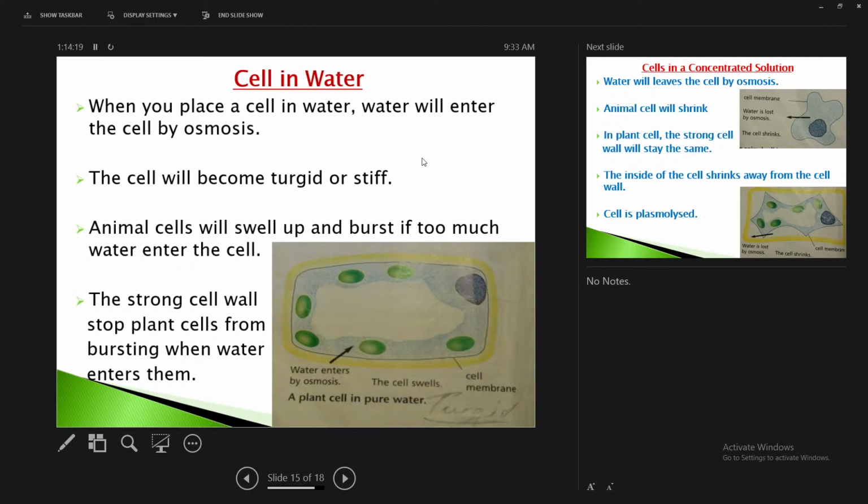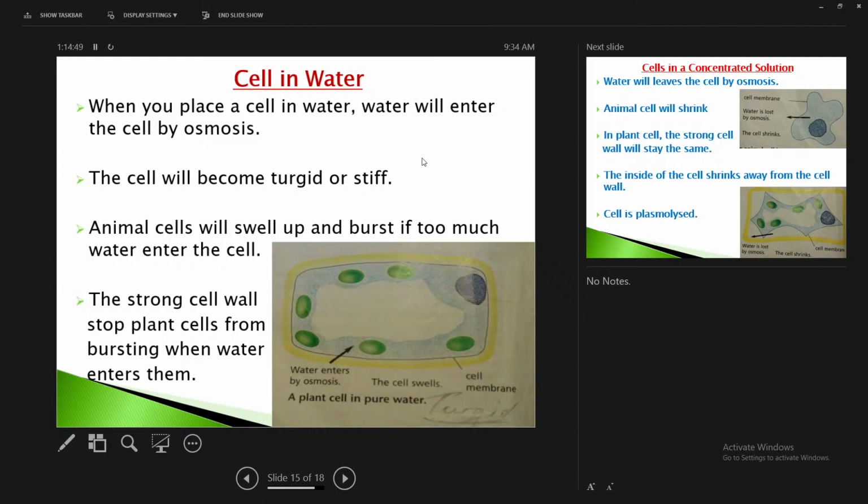So from the notes you got for cells, you would have noticed that inside animal cells and plant cells there's a component known as a vacuole, where in plant cells the vacuole is normally large, while in animal cells the vacuole is normally small.